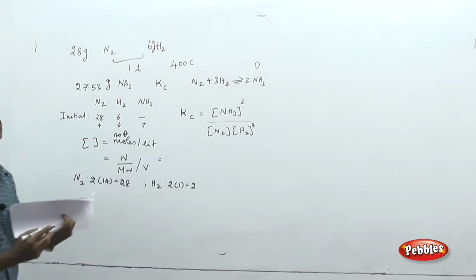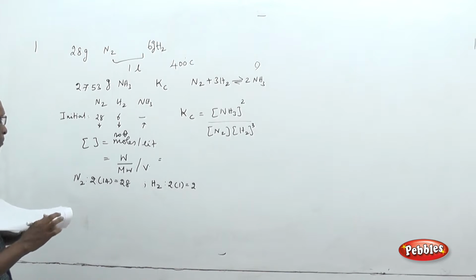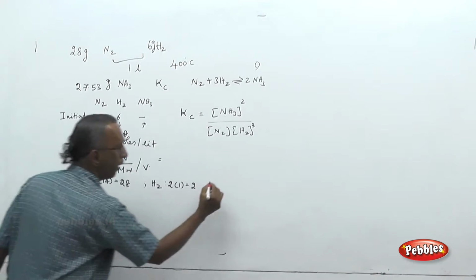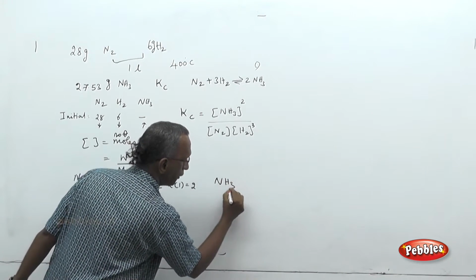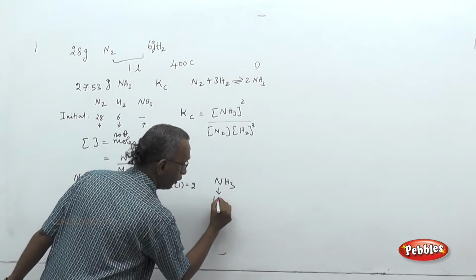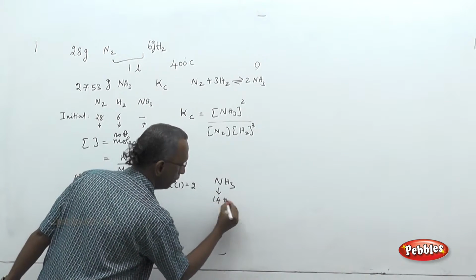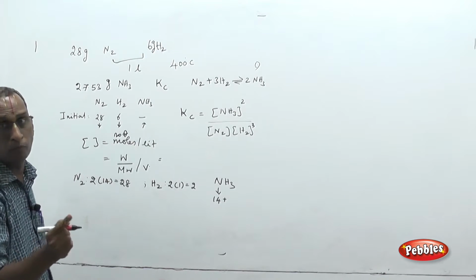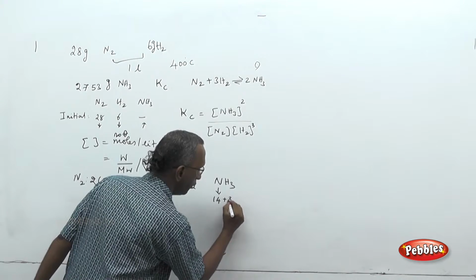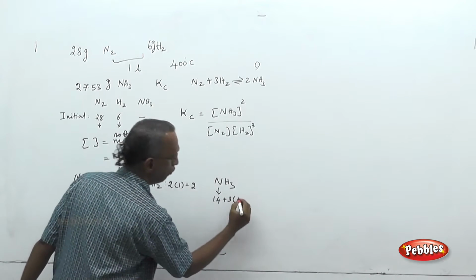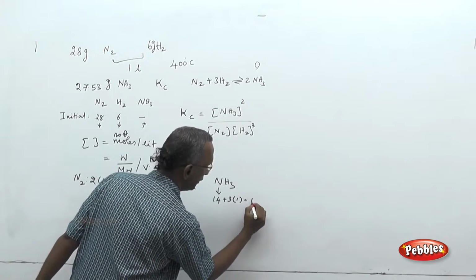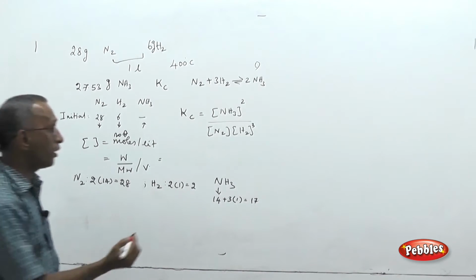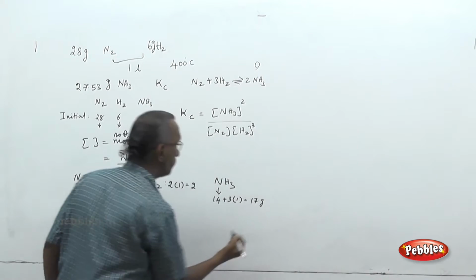So the molecular weight of hydrogen is 2, the molecular weight of nitrogen is 28. The molecular weight of ammonia: nitrogen is 14, plus 3 into 1, hydrogen is 1. So 17. So 17 grams of ammonia constitute 1 mole. So this is the molecular weight.